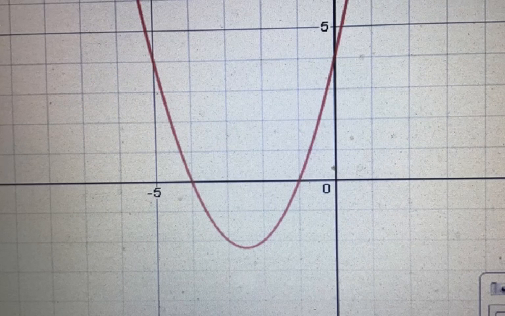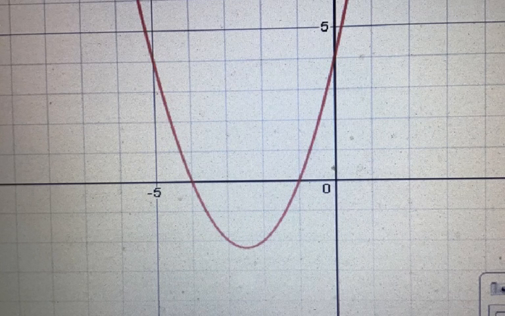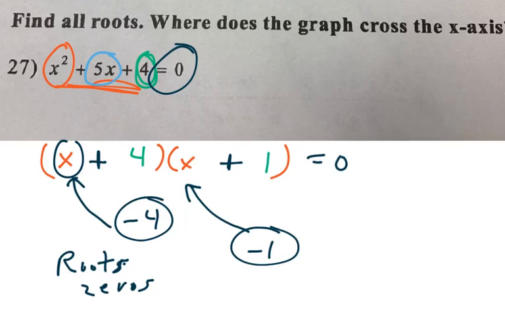If we look at the graph, notice our beautiful parabola right here that's already graphed, right? Well, here is my x-axis. Does it not cross right there at x equals negative 1? Does it not cross over here at x equals negative 4? And that's exactly what we got here.